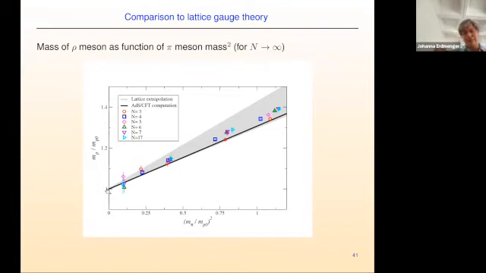And then we choose this m pi to be a parameter in our theory, and so our result is that we almost get a straight line. I mean, it's literally straight. Maybe at the very end it starts deviating a little bit, but essentially the ADS-CFT computation gives you the straight line. And the lattice gauge theorists, of course, because they do many computations, they can do an honest error estimate.